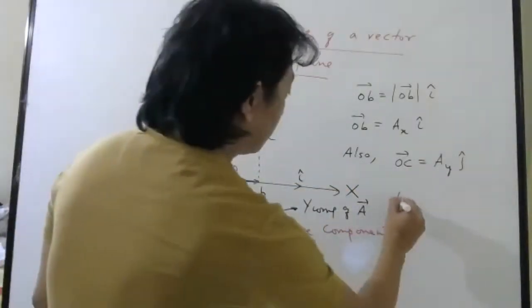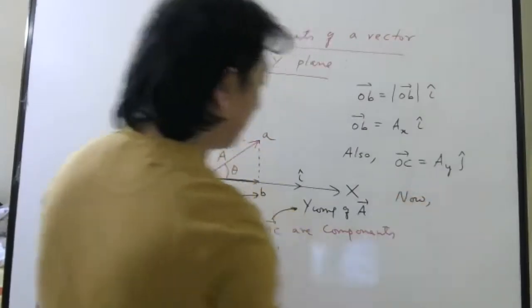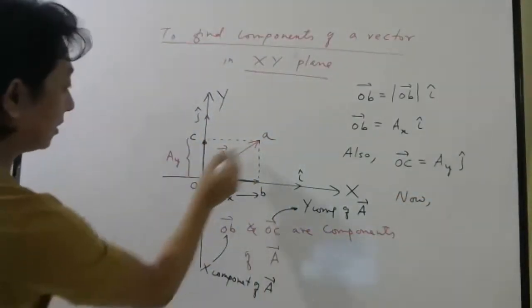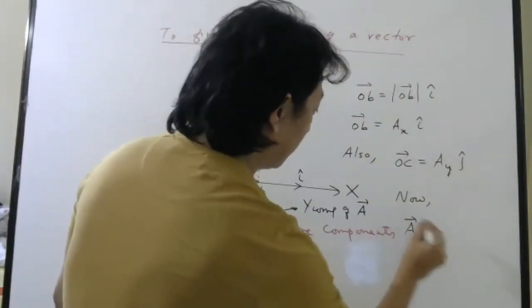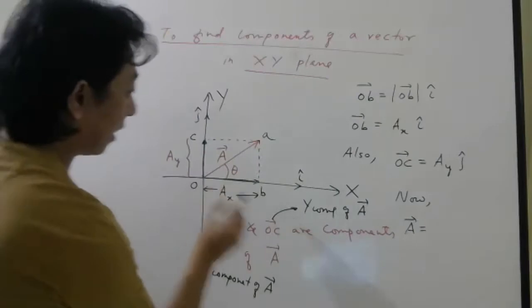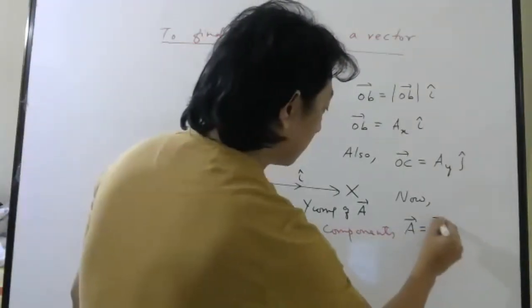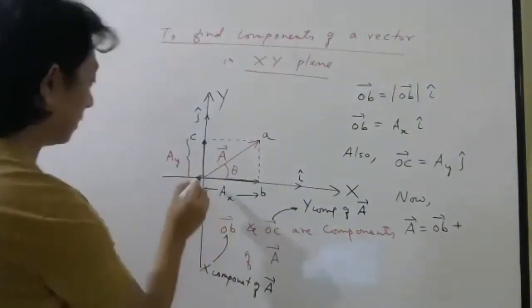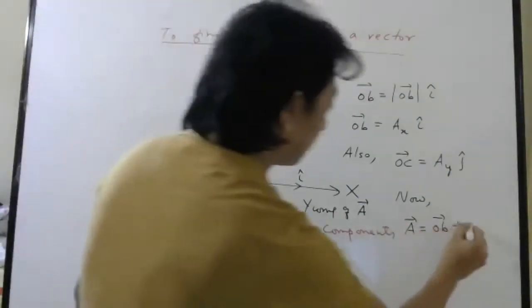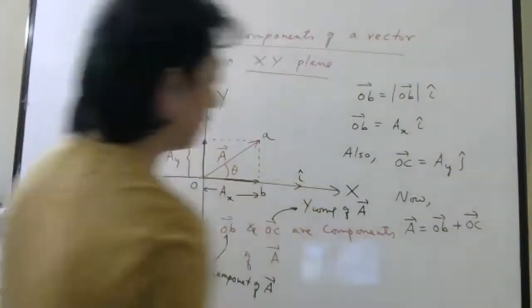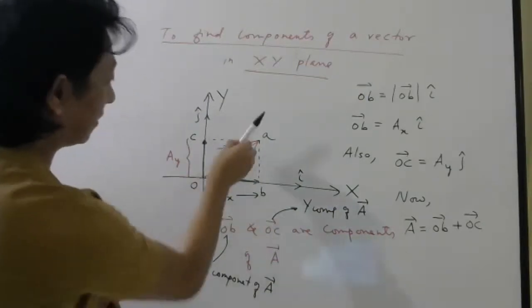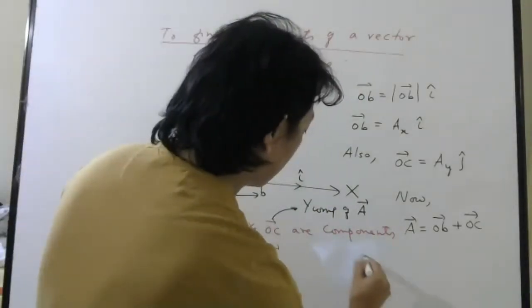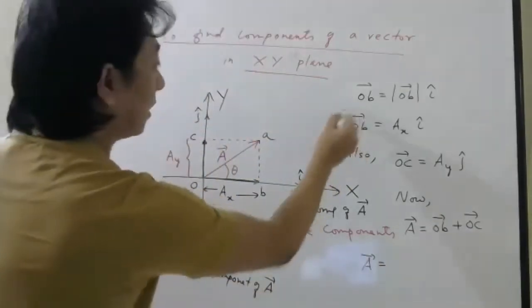So now you can see this original vector A bar can be written as OB bar plus OC bar, right? Because from the parallelogram, this vector plus this vector is this vector. And what is your OB bar?